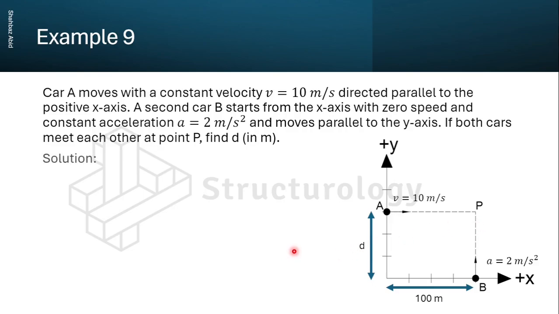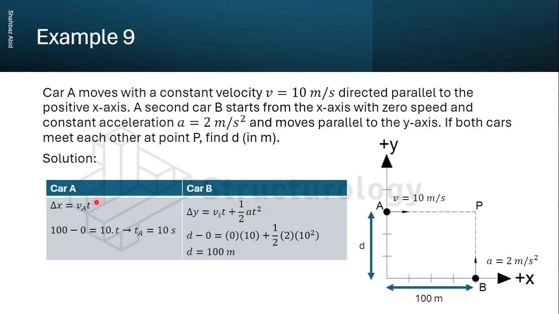Based on this, car A is moving with a constant velocity, so delta x is equal to v sub a times t. The final position of car A is known, which is 100 meters, and the initial position is 0, which is equal to velocity, which was 10, times t.